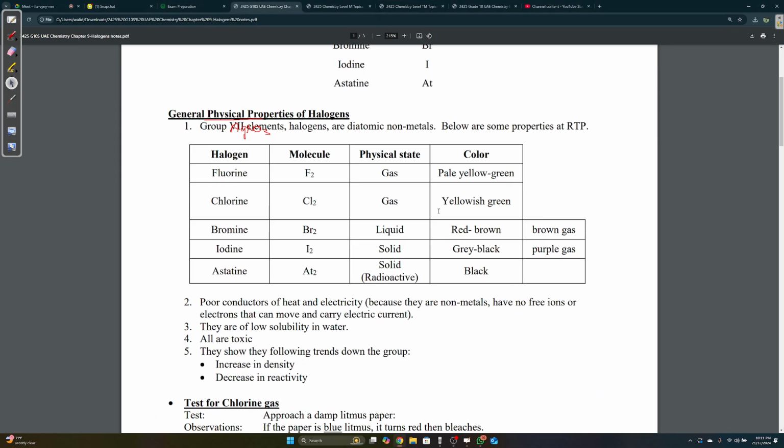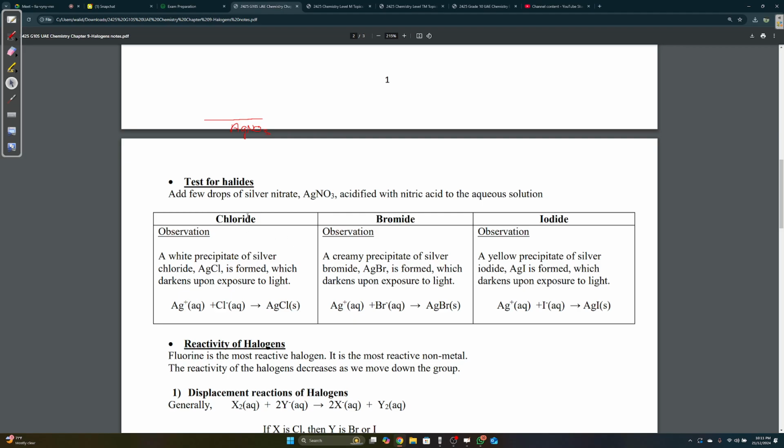It's written over here. For chlorine, it's a white precipitate. Bromine, it's a creamy precipitate. And iodine, it's yellow. Remember, ILY: iodine loves yellow. Bromide is creamy. Chlorine is just white. So you can memorize that.